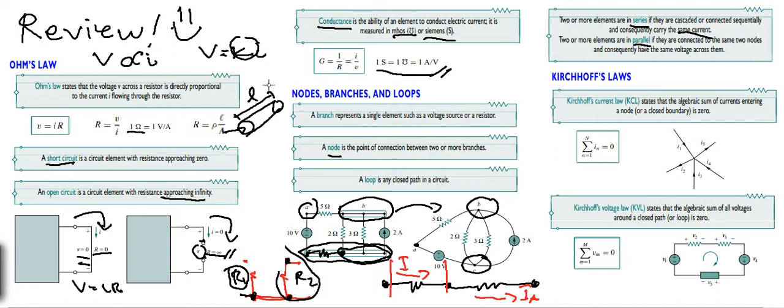So if we have the nodes connected here, if they are parallel, we have V1 equal to V2 because they are parallel. And this one also, if they are in series, the current in R1 is equal to the current in R2. That is for series and parallel.